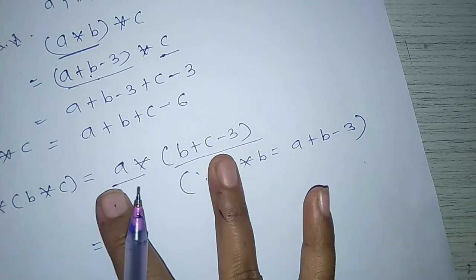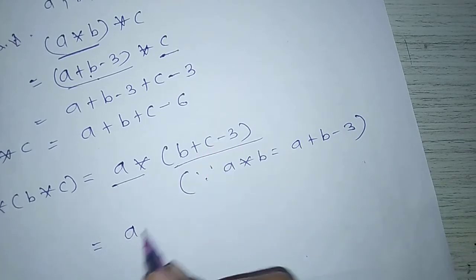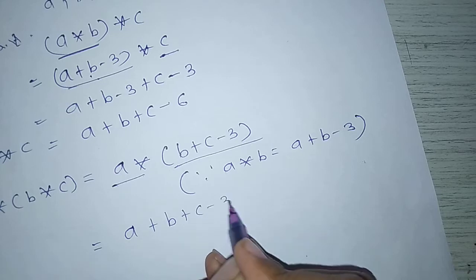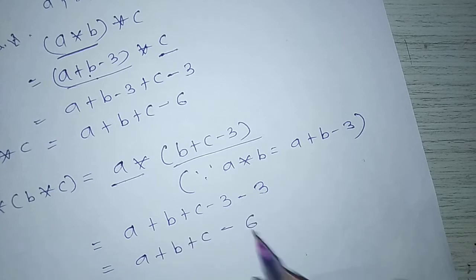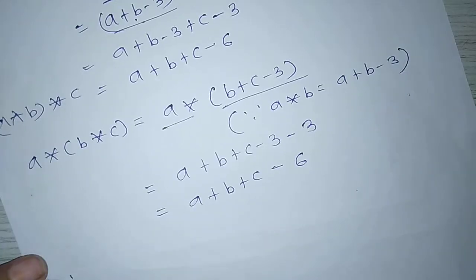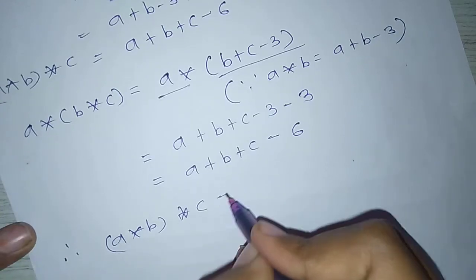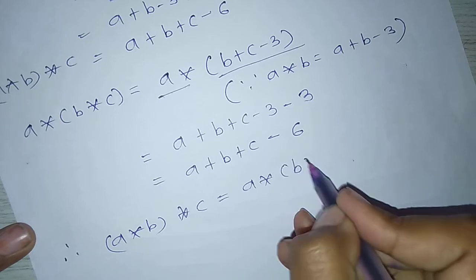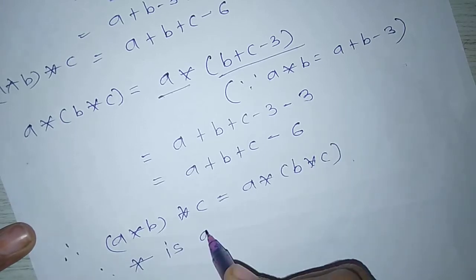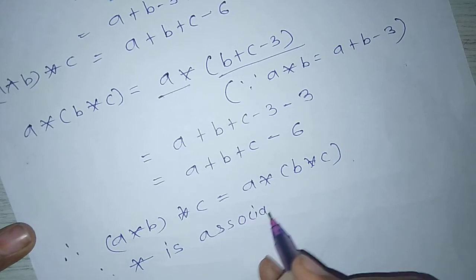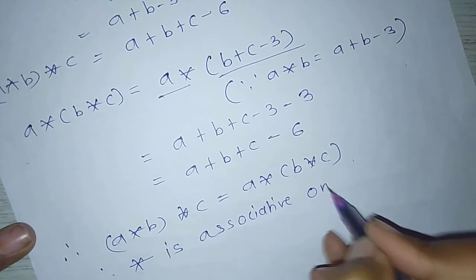Star applied on these two numbers, we get A plus B plus C minus 3 minus 3, equal to A plus B plus C minus 6. Therefore we get (A star B) star C equal to A star (B star C). Therefore, star is associative on Z.